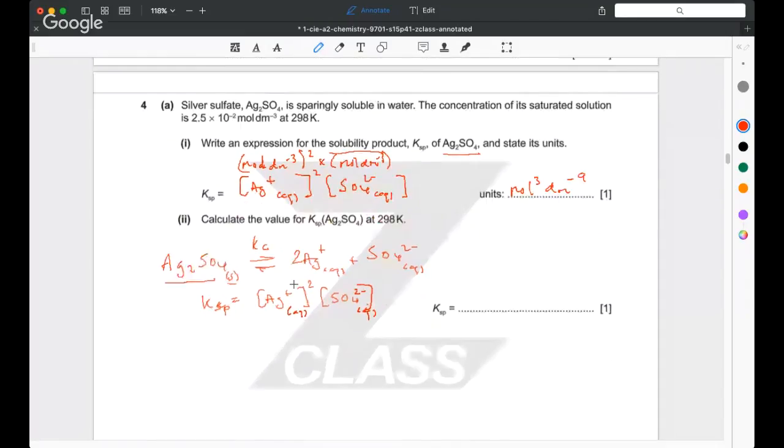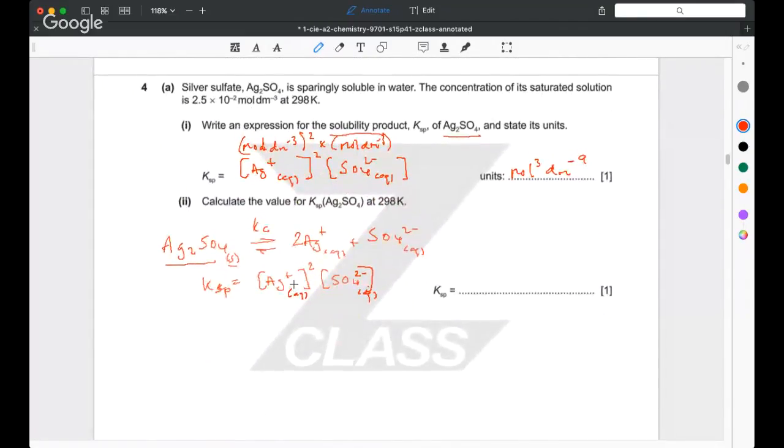All right, now this next step here is we've got to calculate, haven't we, the value for the solubility product of silver sulfate. Now, you can see here that, okay, so here's the silver sulfate, and the concentration that's dissolved is 2.5 times 10 to the -2 moles per decimeter cubed of silver sulfate.